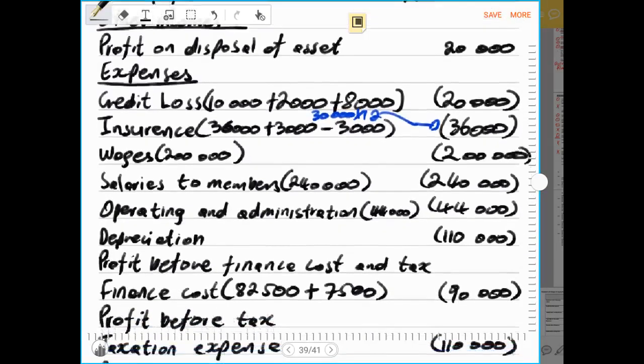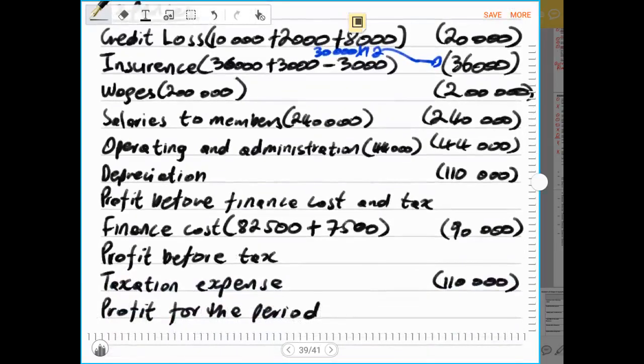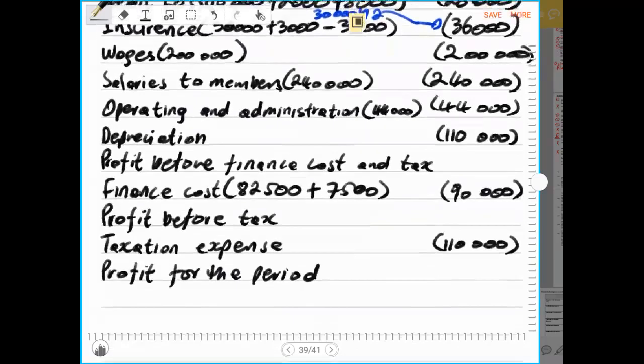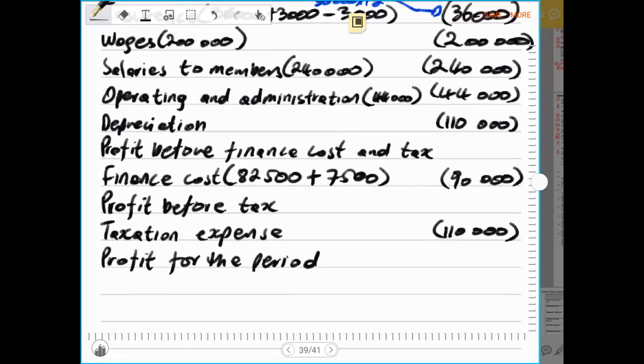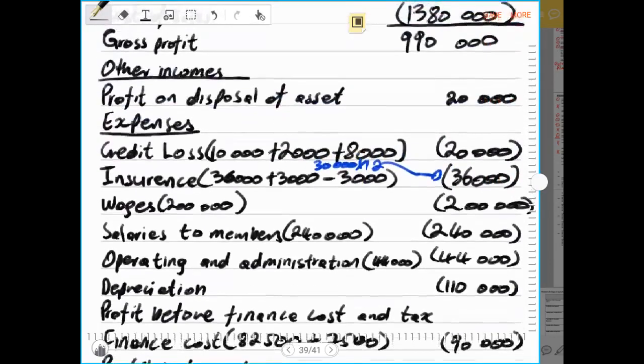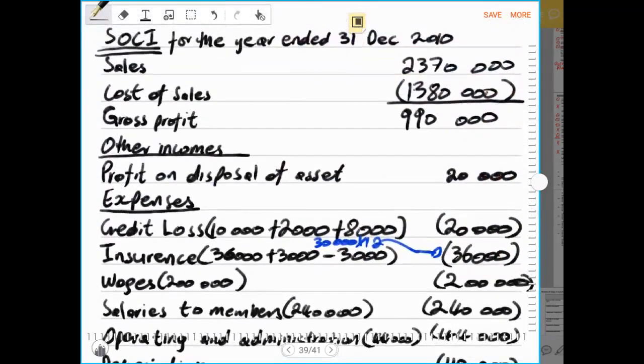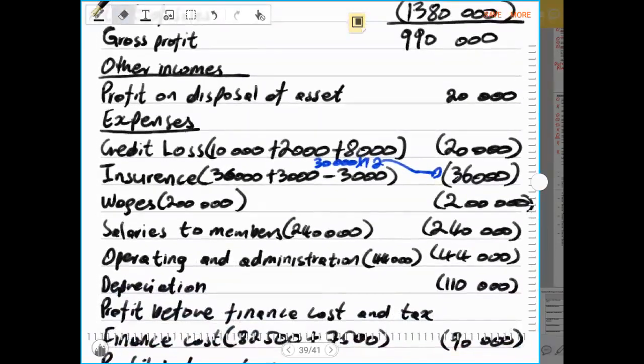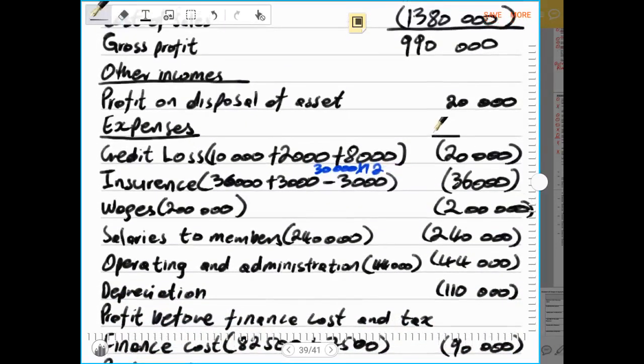Then another expense that must be taken into account. Remember depreciation, I said don't worry about that. It will just be given for you to copy and paste from the trial balance. There's no other expense to take into account. So now we can just calculate the total of all our expenses.